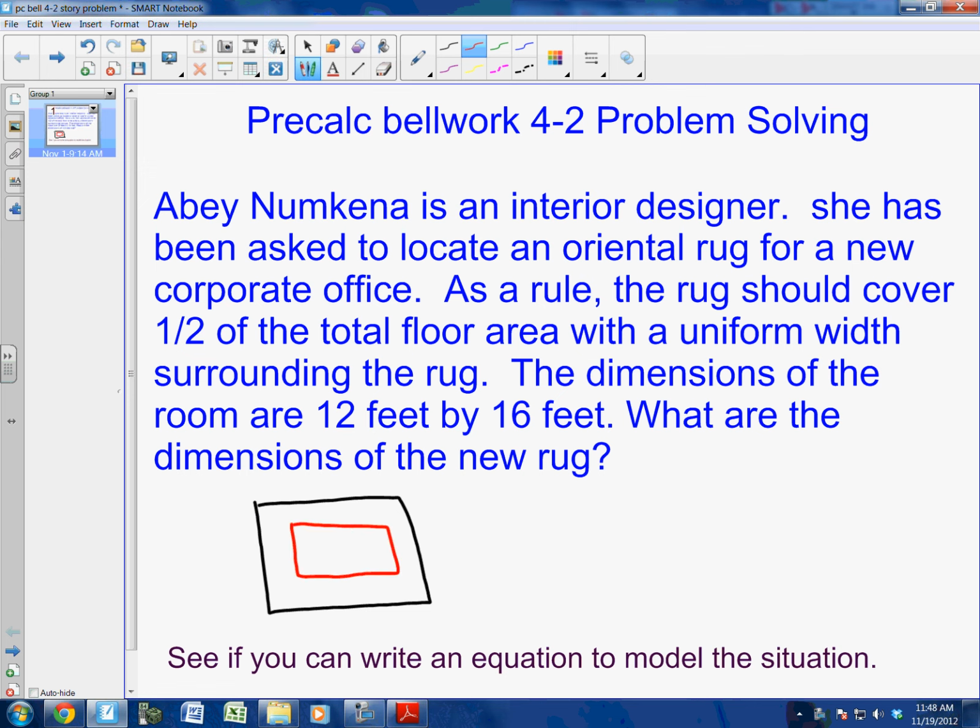That distance is the same as that distance, is the same as that distance, is the same as that distance right there. And the rug is 1/2 the area of the room, right? Has anybody got an idea on how we can write an equation that would model this?